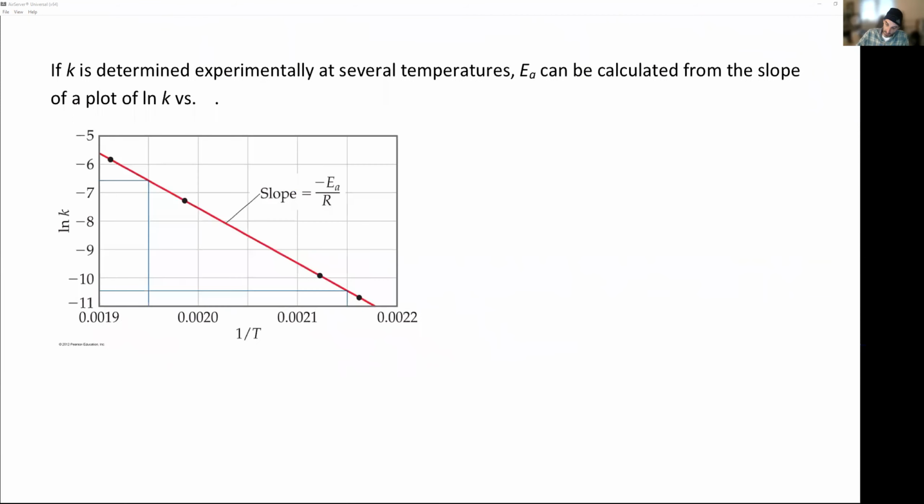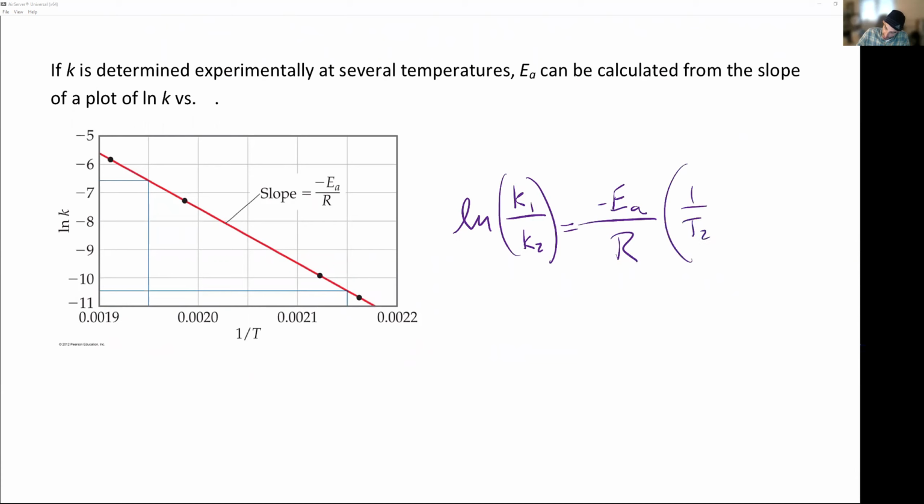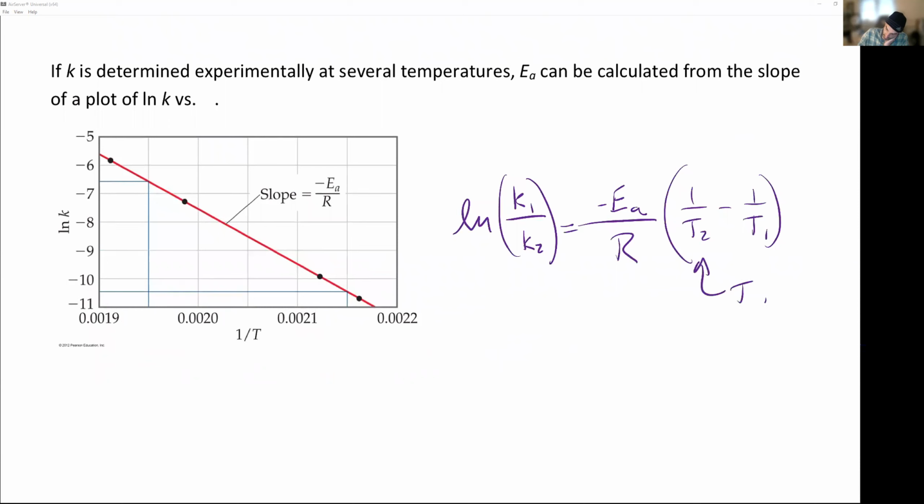Ultimately, what it comes down to is this equation: natural log of k1 over k2 is equal to negative activation energy over R, times 1 over T2 minus 1 over T1. Again, notice that the temperatures have switched spots. My temperature is in Kelvin, okay?